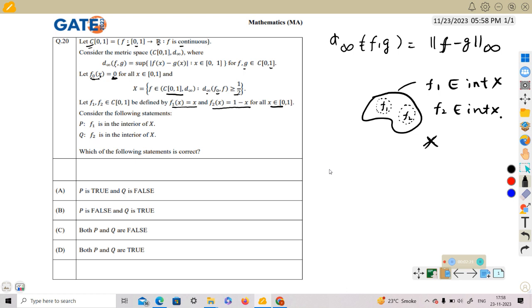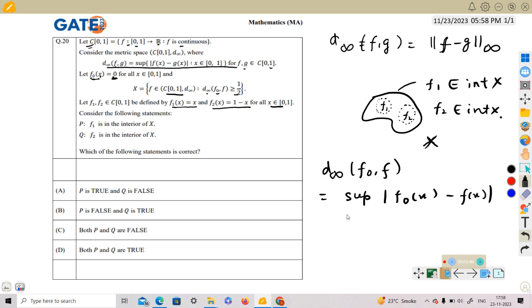First of all, let's see what the distance between f0 and f1 is. This will be equal to the supremum of |f0(x) minus f1(x)|, where x belongs to [0,1].